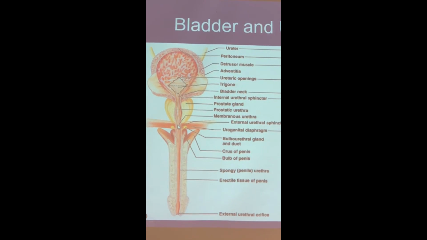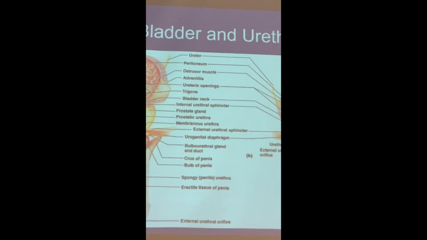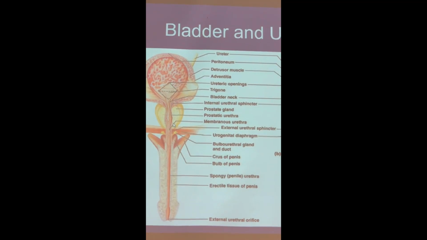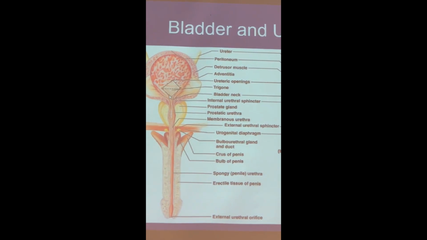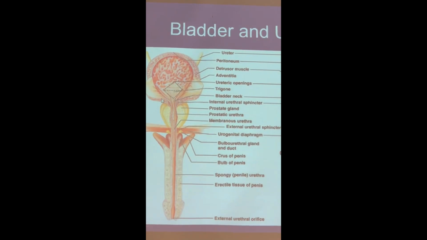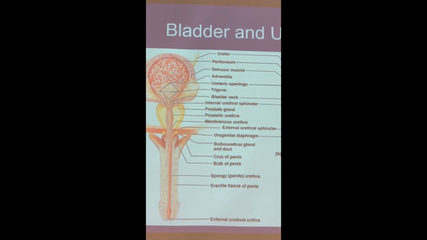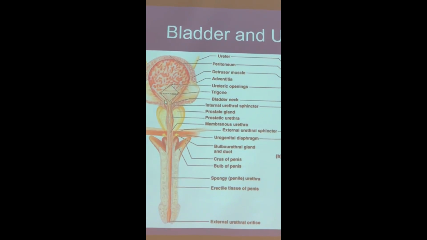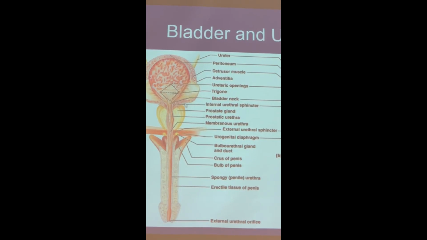So even if you open up that diaphragm and your prostate is swollen and constricting your urethra, you're going to have a hard time emptying your bladder. A lot of men have trouble with that, especially as they get older. It's very common. It doesn't even necessarily mean you have prostate cancer, just benign prostatic hyperplasia.